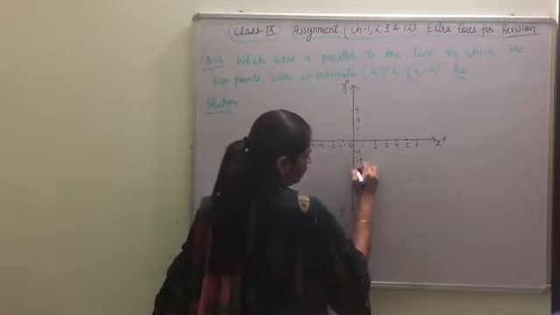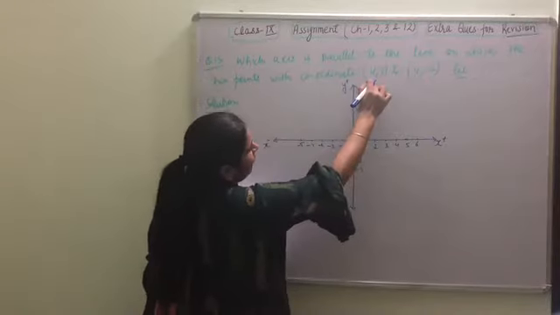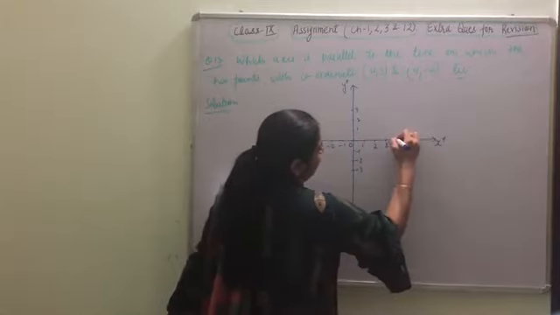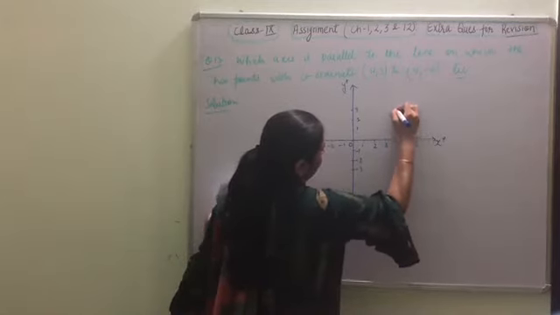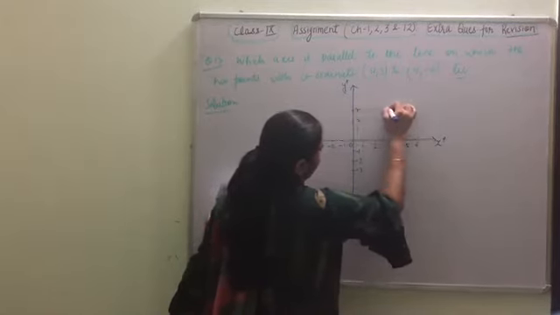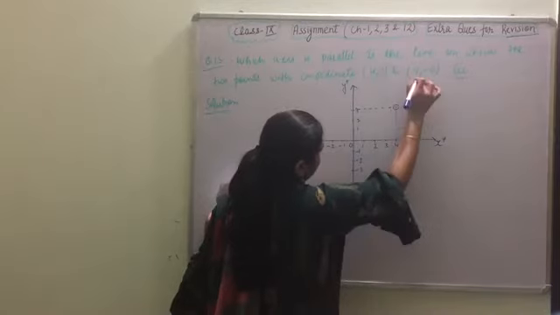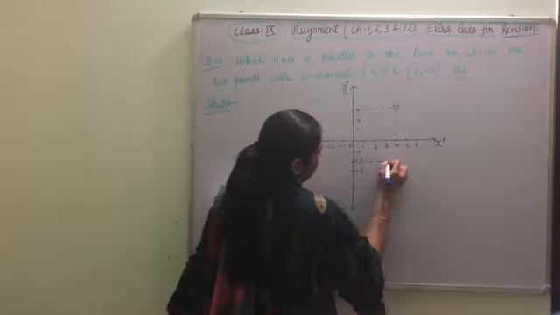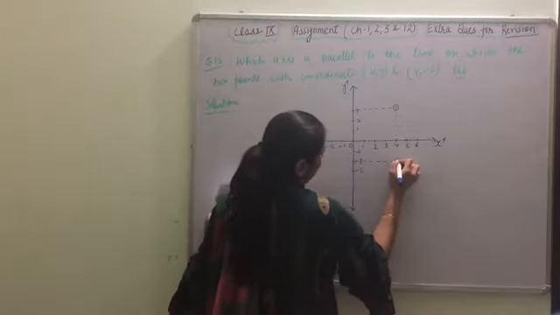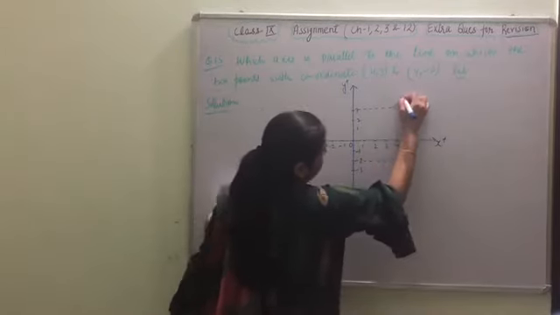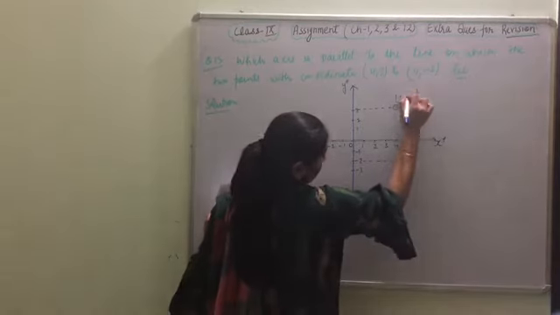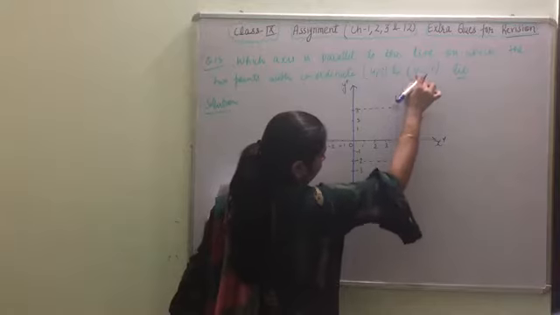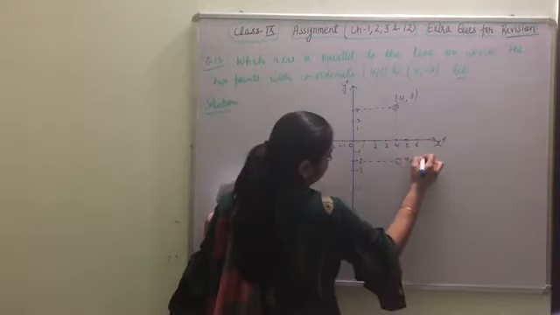For the first point (4, 3), x is 4 and y is 3. For the second point (4, minus 2), x is 4 and y is minus 2.